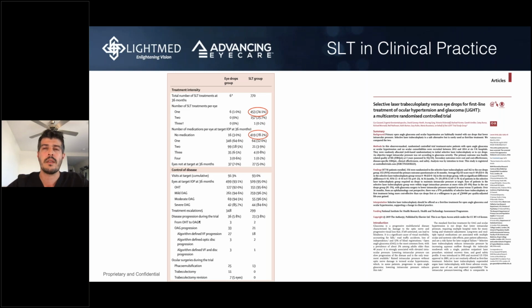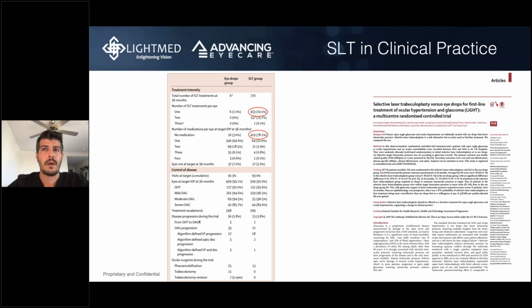The most important number in this slide is this 78%. What percent of patients who ended up getting SLT reached that 36 months, so 3 years into the study, and they never needed any medicine? 78%, that's a big number.